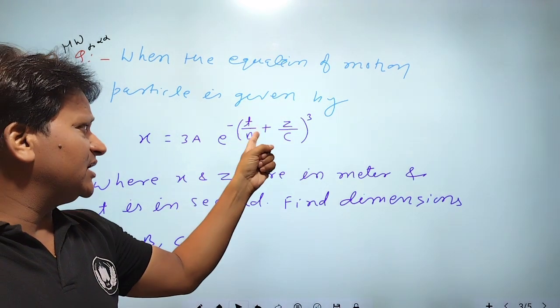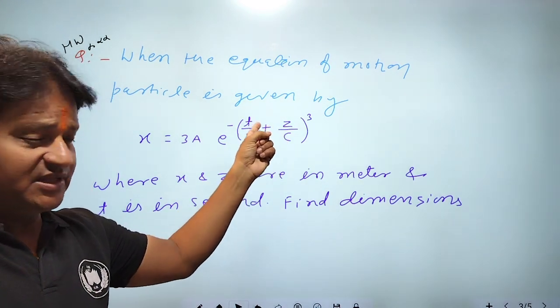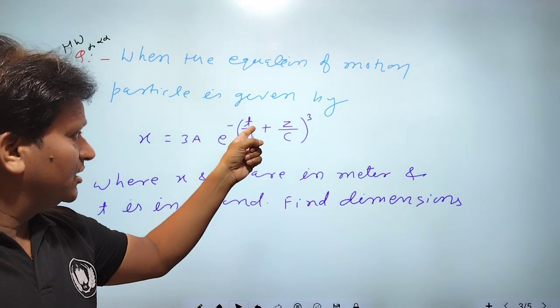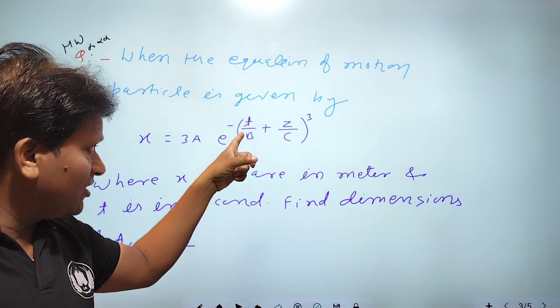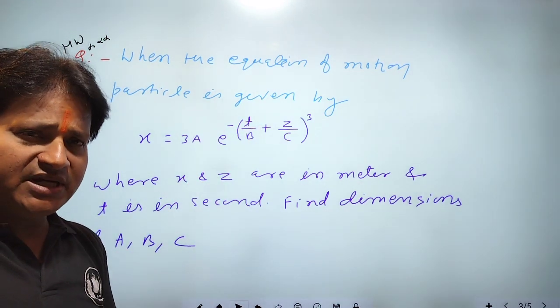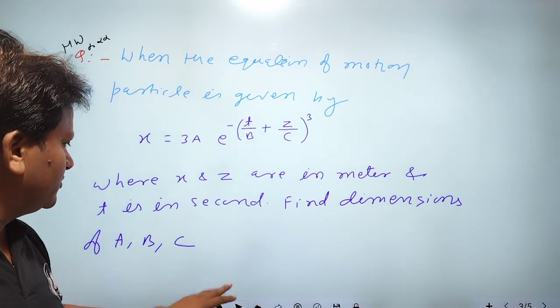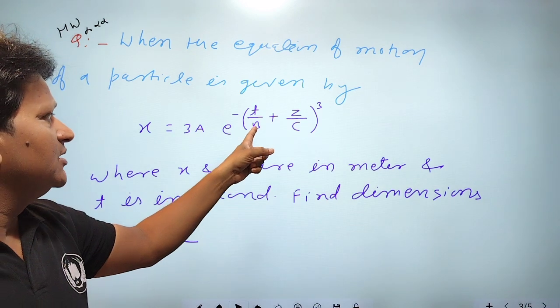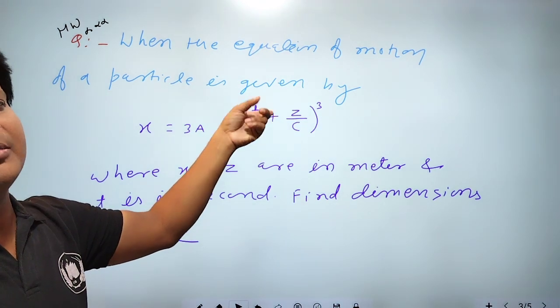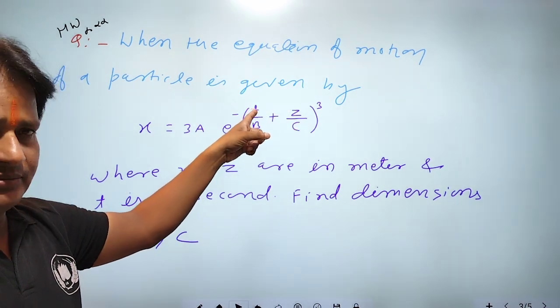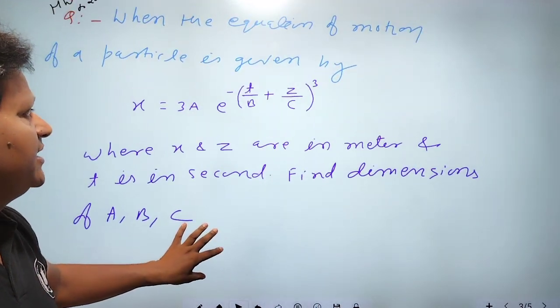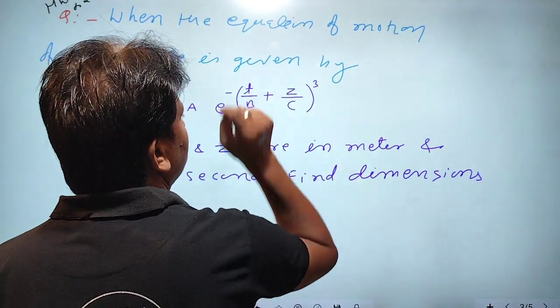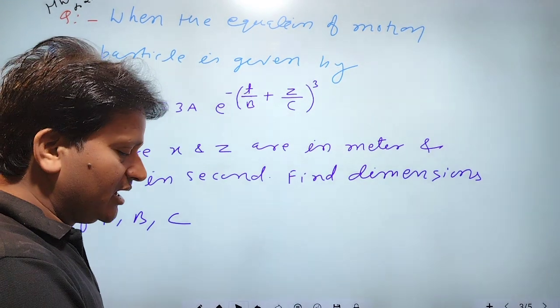This will be unitless. Therefore, dimension of t upon b will be equal to unity. Therefore, dimension of b will be equal to dimension of time. And dimension of c will be equal to dimension of z.